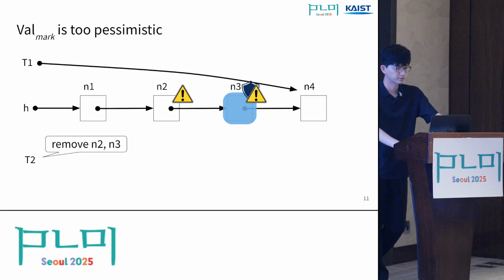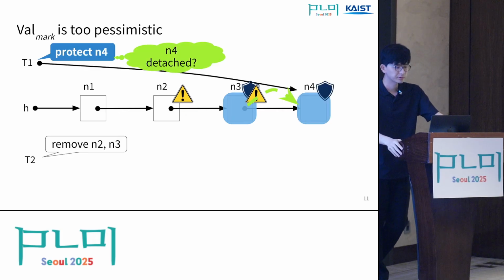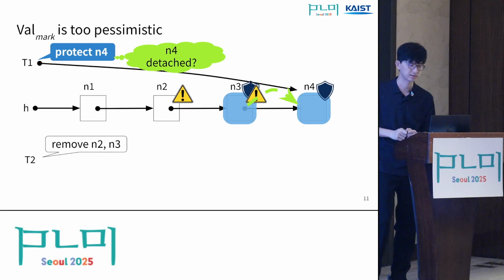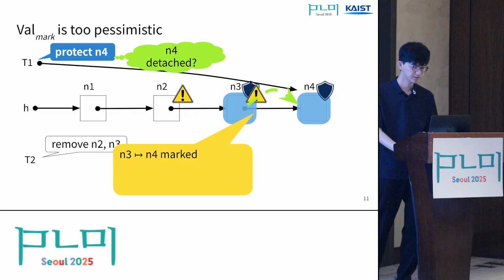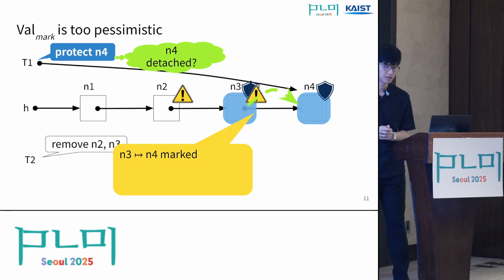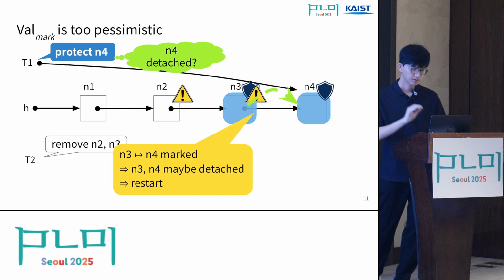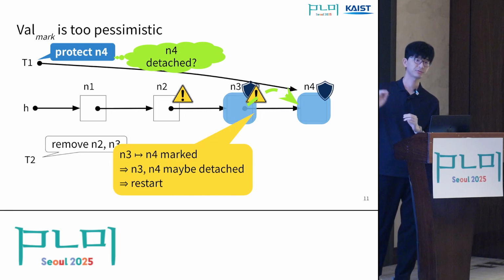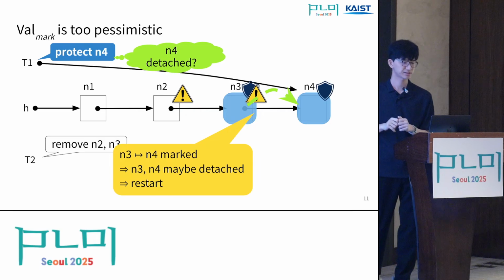First, like before, T1 will protect node 4 and proceed to validate that node 4 is not detached by checking the mark of the previous node, node 3. And here, as node 3 is marked, similar to before, T1 will think that node 3 is to be detached and node 4 is to be detached as well and restart from the beginning.